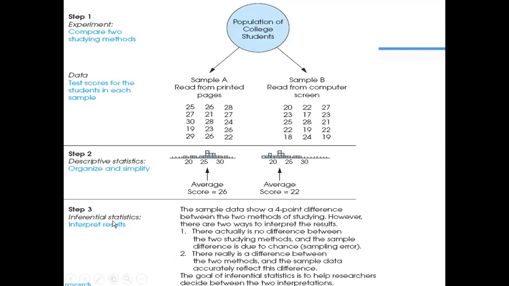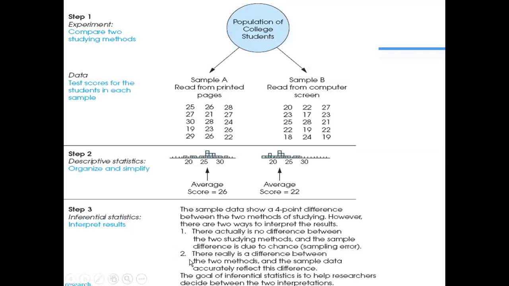Okay, so to put this more formally, inferential statistics is going to allow us to interpret these results. The sample data do show a 4-point difference between these two methods of studying. However, there are two possible ways to interpret the results. One is that there is actually really no difference between the two studying methods, and that the sample difference is just due to chance. It's due to sampling error.